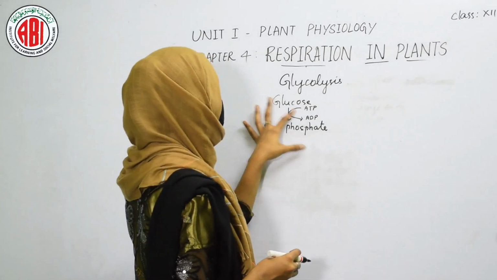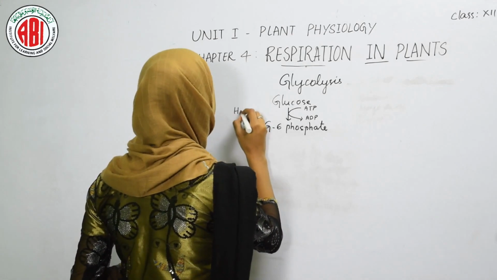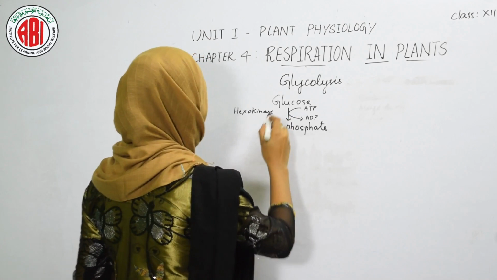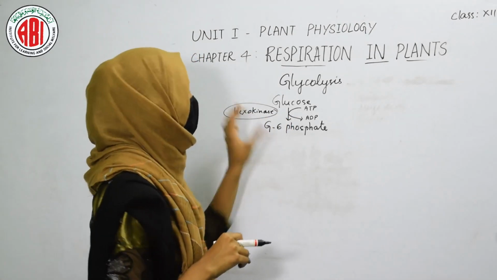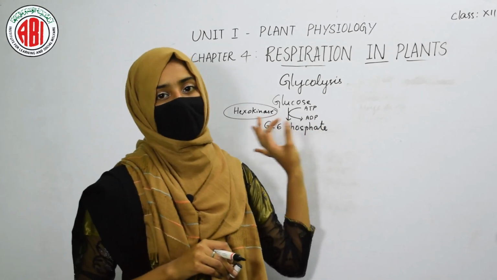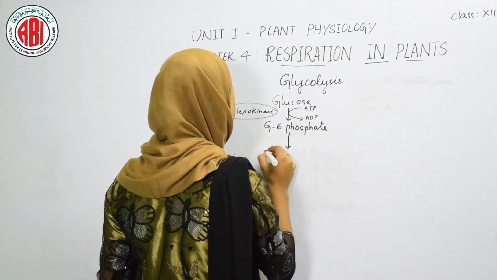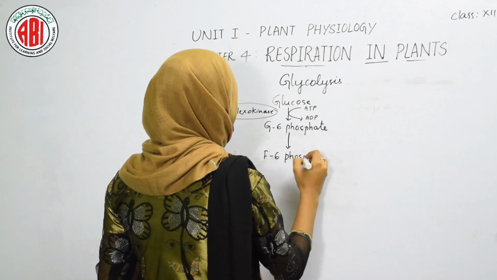Here the ATP is required by the enzyme called hexokinase. Hexokinase is the enzyme responsible for converting glucose into glucose 6-phosphate, where ATP is required. Now after this reaction, glucose 6-phosphate gets converted into fructose 6-phosphate.